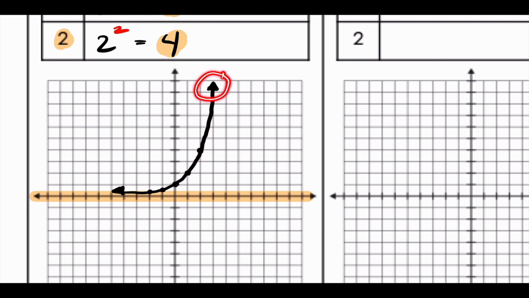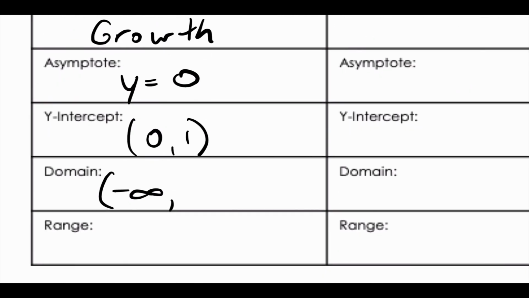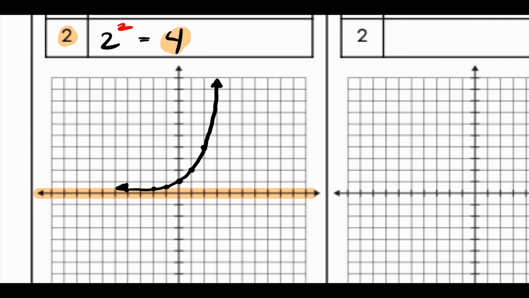Will it ever stop going up and right? No. So because of that, we say positive infinity. It's never going to stop going to the right. The domain is left and right. The range is the opposite. The range is top and bottom.